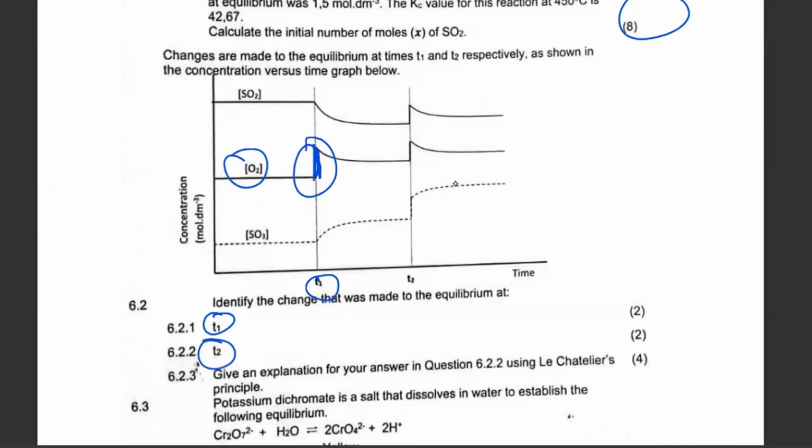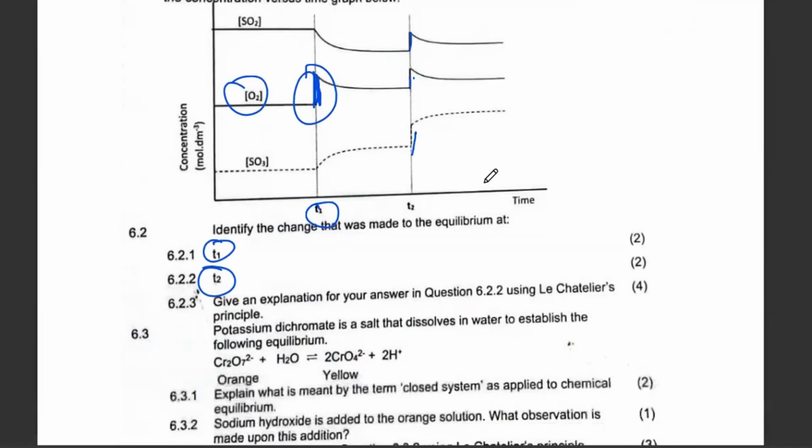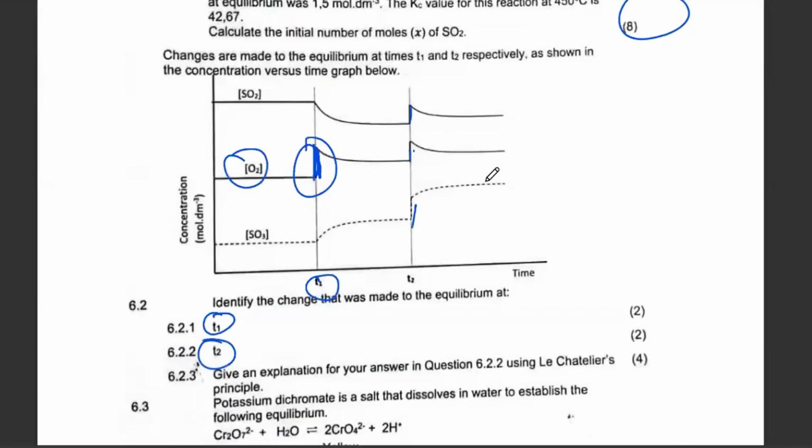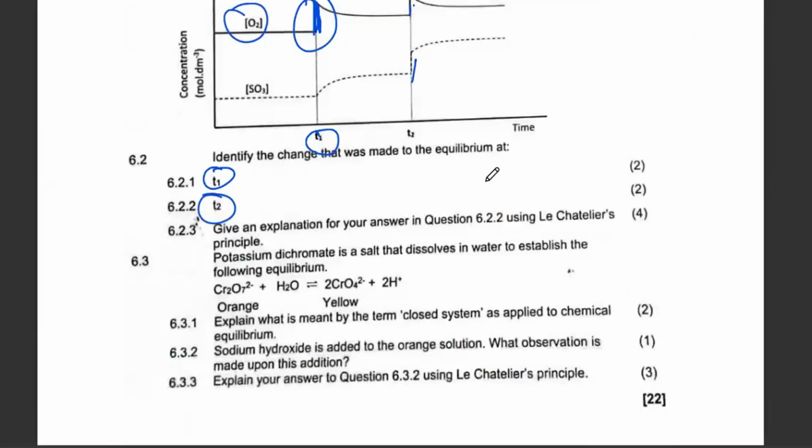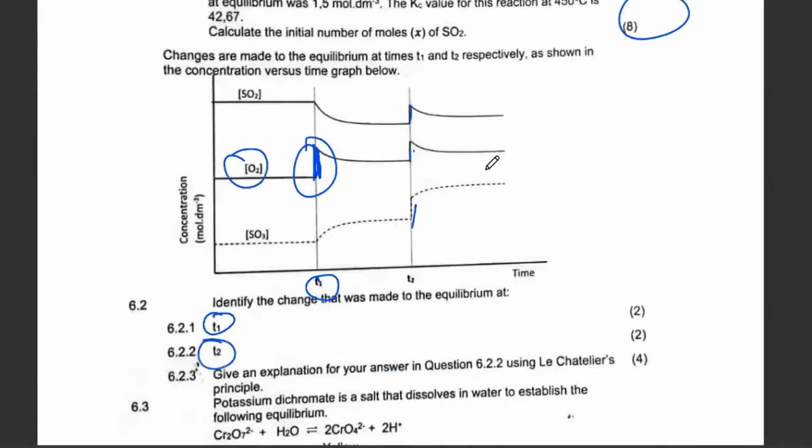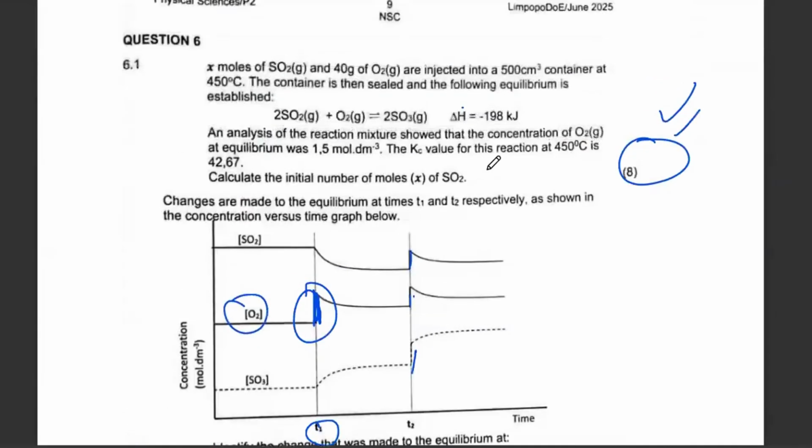Then at T2, all of them increased at the same pace, so it means that there was a change in the pressure. Let me check whether the pressure was increased or decreased. This is 2 plus 1, which is 3, versus 2 moles. So the pressure was increased.